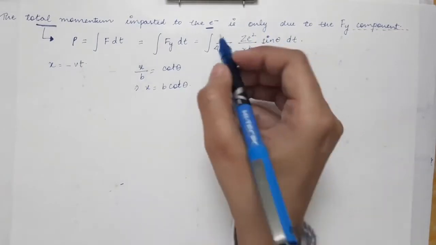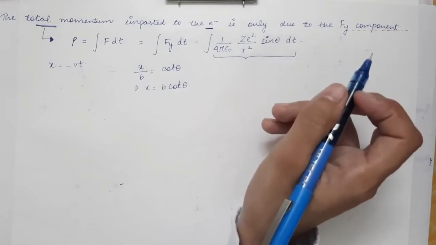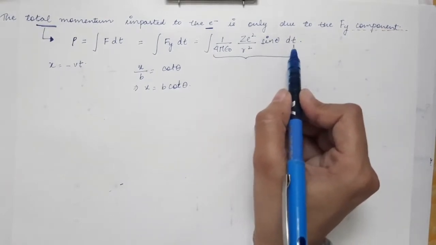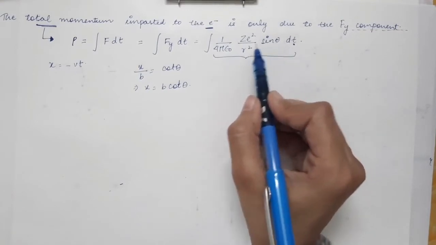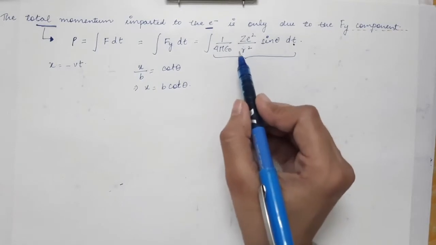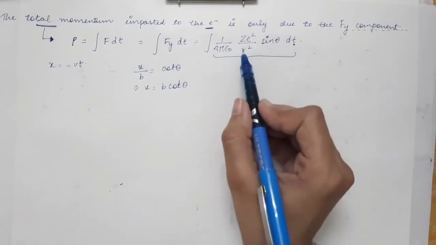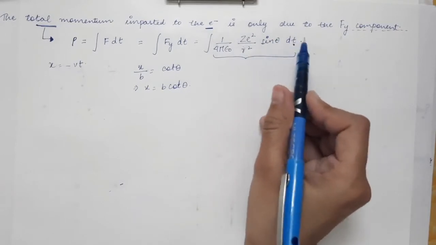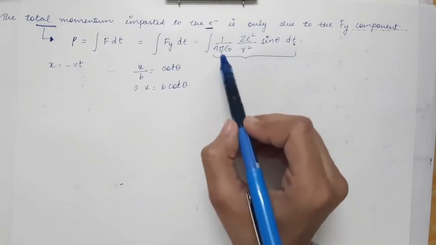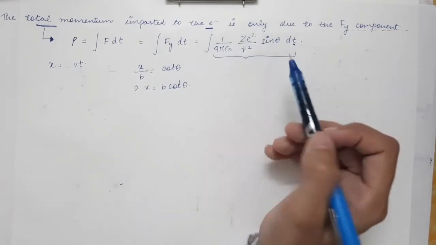We want to find this whole expression in terms of theta. We want only one variable. As you can see, over here the time is a variable, and theta is also a variable, and r is also a variable. As the position of the heavy charged particle changes, r changes, theta changes, as well as time changes. So we want to find this whole expression in terms of a single variable, and that is theta.